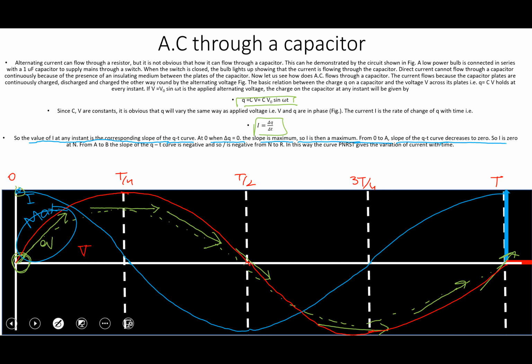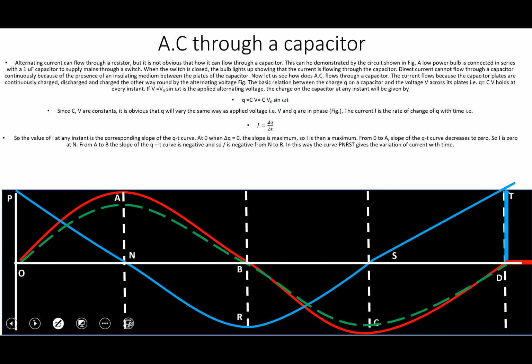So I is 0, and from A to B, the slope of the Q-T curve is negative. In this way, the curve gives the variation of the current with respect to time. So we can represent it very clearly like this, that as the current decreases, the slope was decreasing in the case of charge.